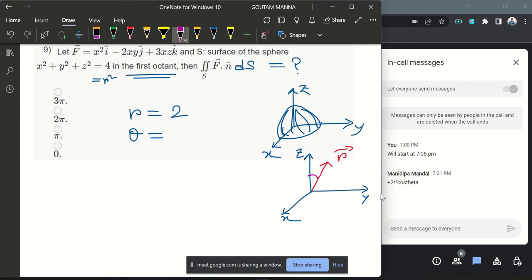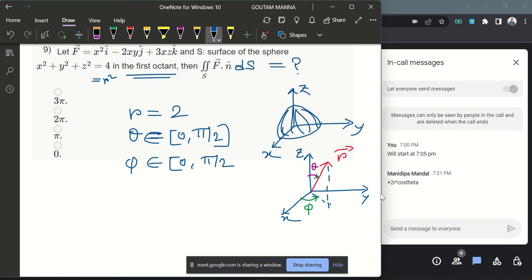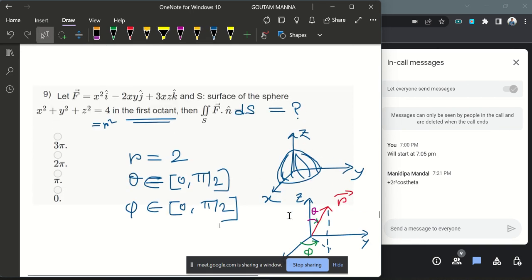If we call this angle theta and this angle phi, then theta belongs to 0 to pi by 2, from z axis to this xy plane, and phi is also going from 0 to pi by 2, as we are in the first octant.